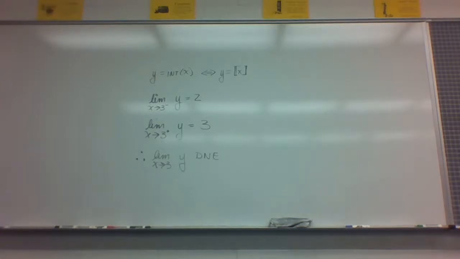Can you tell what is the limit as x approaches 2? 1. Good. What is f of 2? 2. Don't understand these? Are you sure you do, Jose? Not really. Look at the value x equals 2.